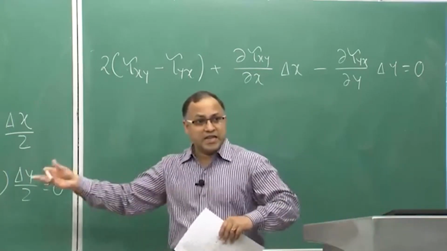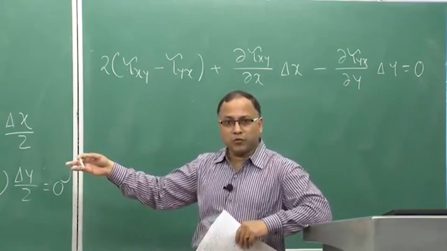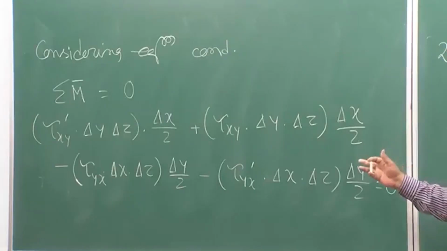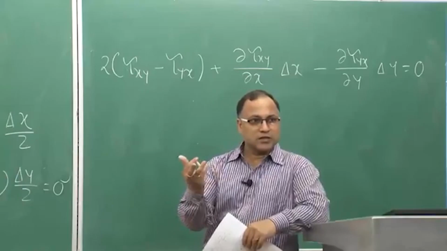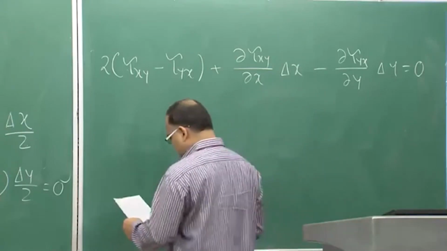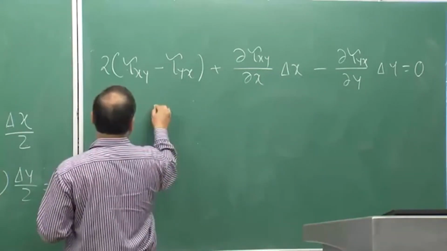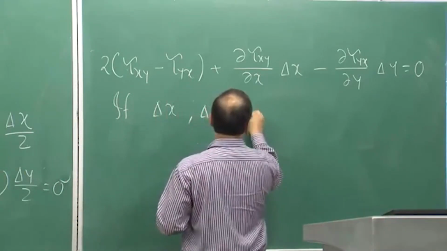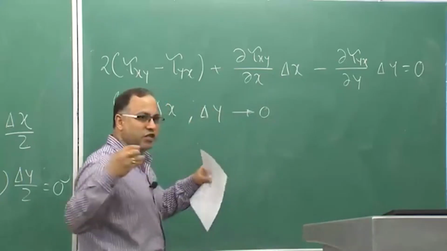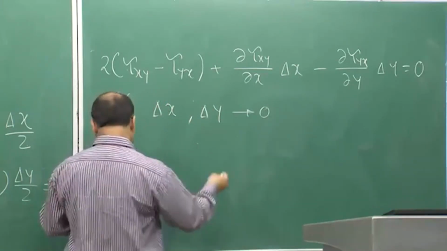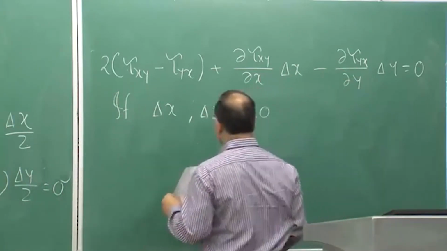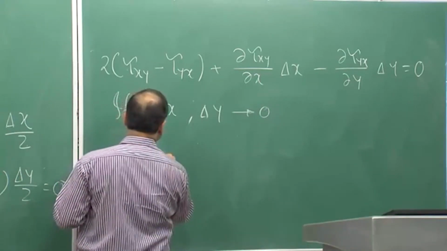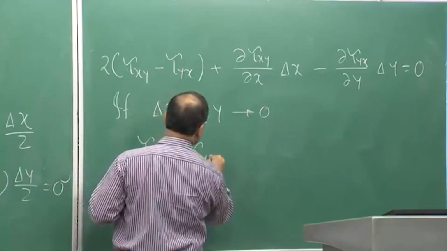Because we are not getting any moment from the normal stress, because the normal stress is passing through the center of the element. Well, now if del x and del y tend to 0, that means we are converging to the point O, then these two terms will vanish, and finally you will be getting tau xy equal to tau yx.